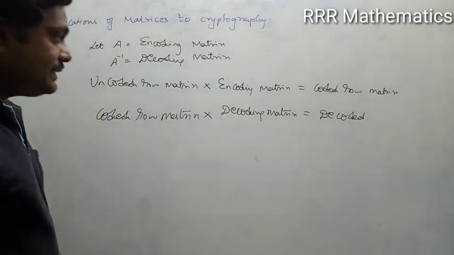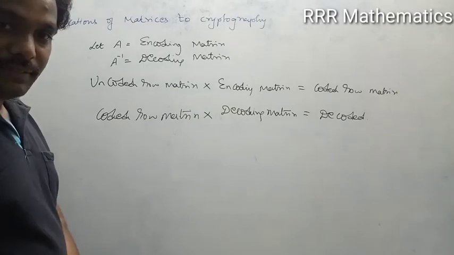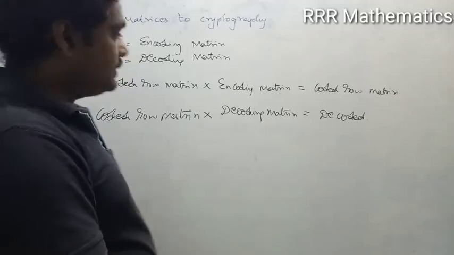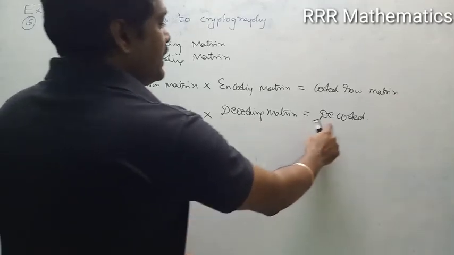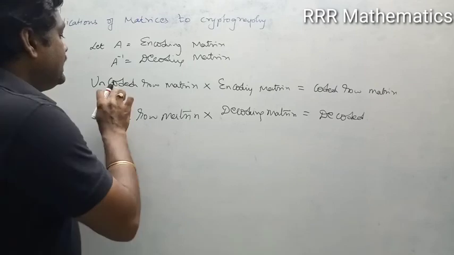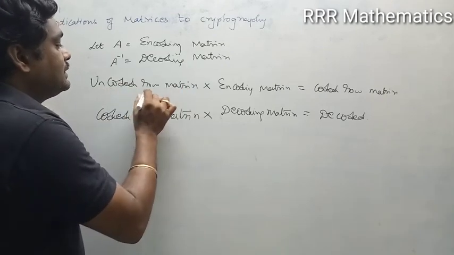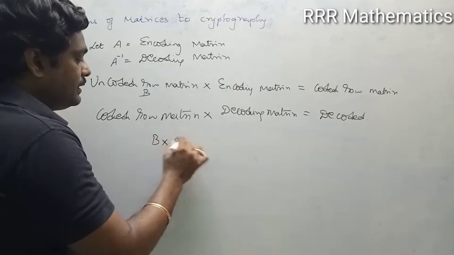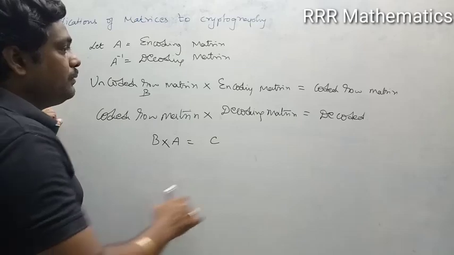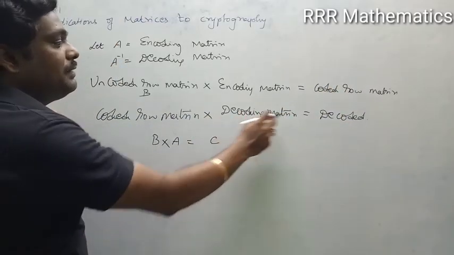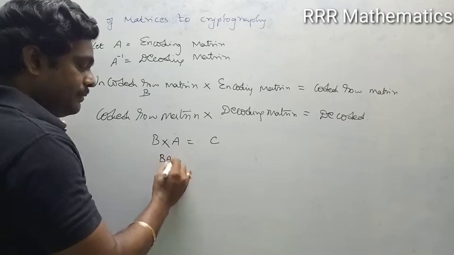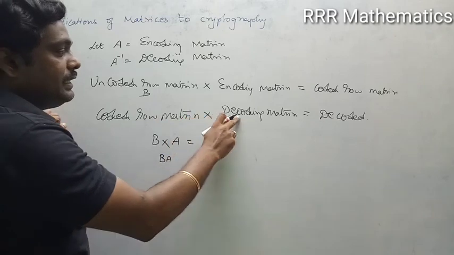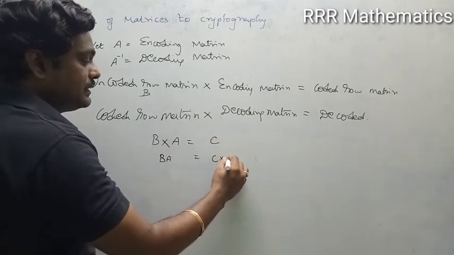That is the result. In the example, the uncoded row matrix is multiplied with the encoding matrix to give the coded row matrix, and the coded row matrix multiplied with the decoding matrix gives the decoded matrix. For example, take the uncoded row matrix as B. B multiplied with the encoding matrix A gives C, the coded row matrix. Now I take the decoding matrix, that is A inverse.